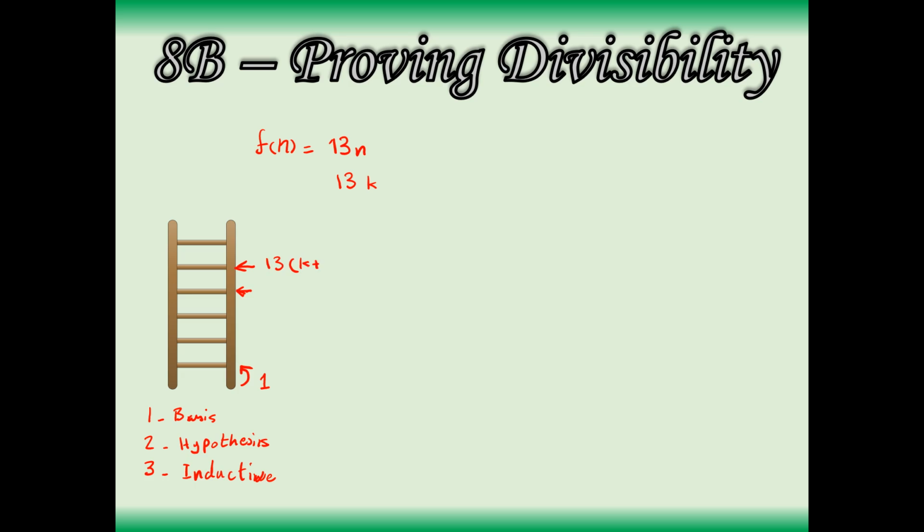So the way you would do it is you say, actually, all I have to do is find the difference between the function that has f of k in it and f of k plus 1, which obviously generates a larger number. So we find the difference between these two. All you have to do is show that the difference between these two functions is divisible by 13.